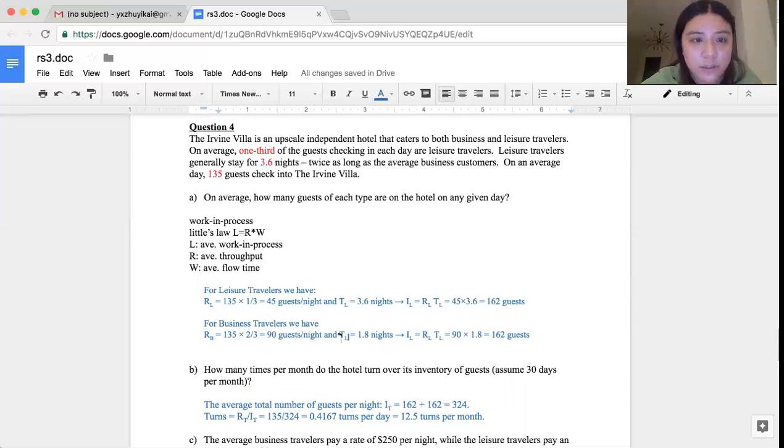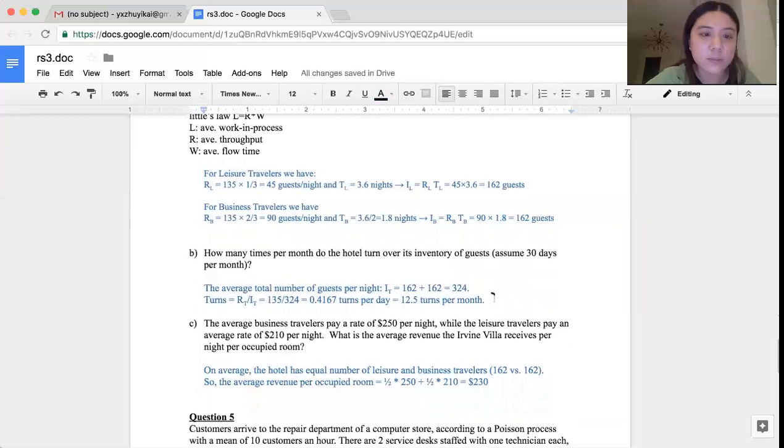So in general, the business customer stays 1.8 nights, which is 3.6 divided by 2. This is the flow time of the business travelers. So the work in process for the business travelers is 90 times 1.8, which is 162 guests as well.